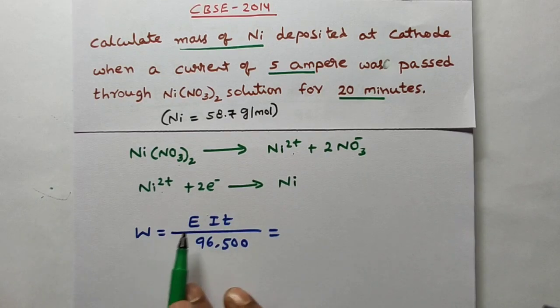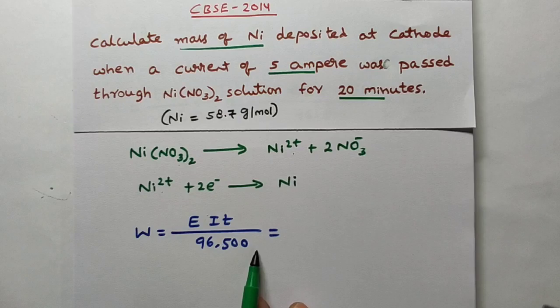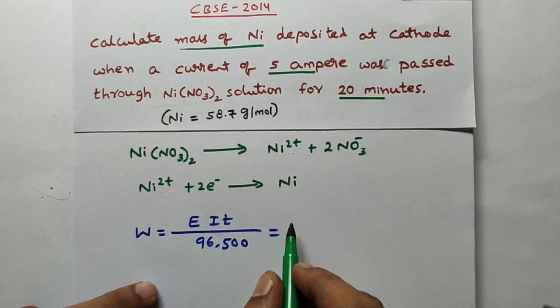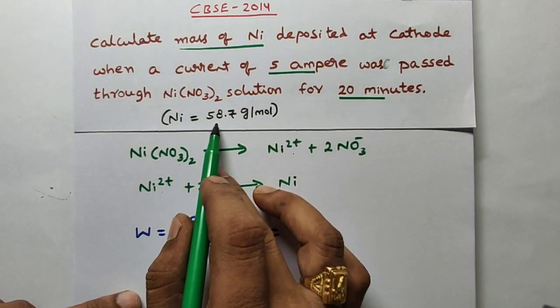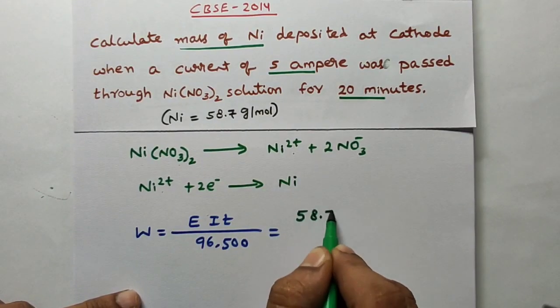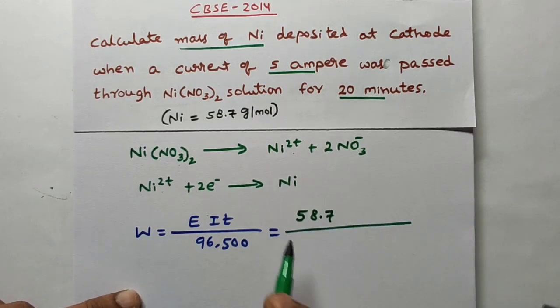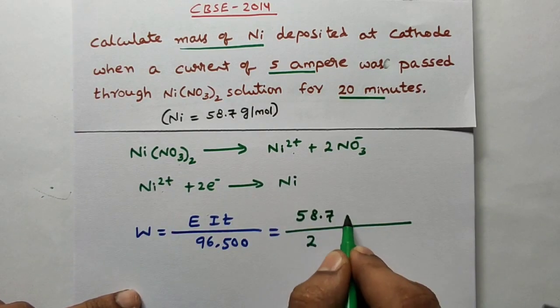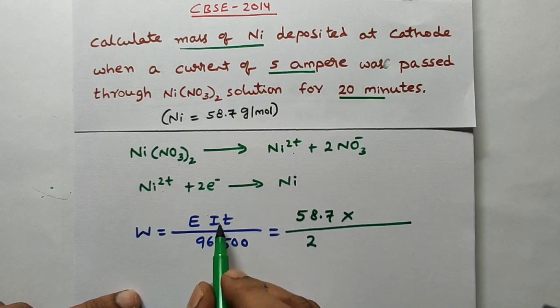Now W equal to E into I into T divided by 96,500. What is the equivalent weight? Nothing but atomic mass divided by charge. What is the atomic mass given in the question? 58.7 divided by, what is the charge on Ni2+? Plus 2, that's why divided by 2.